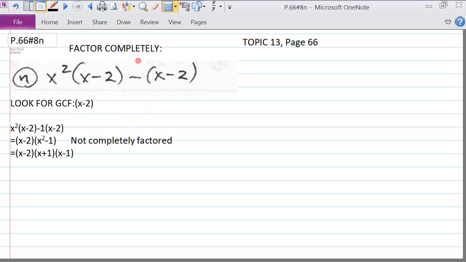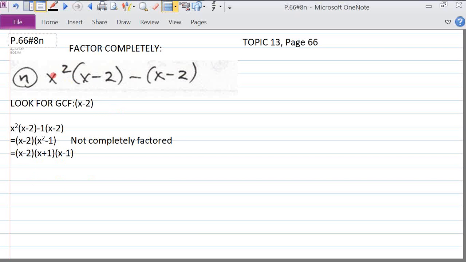There's an implied 1 here, so you could just put a 1 here. Makes it a little easier. X minus 2. Now factor out the x minus 2, and you're left with x squared minus 1, which can be factored as x plus 1, x minus 1, this part here. So if you stop the problem here, it wouldn't be completely factored.